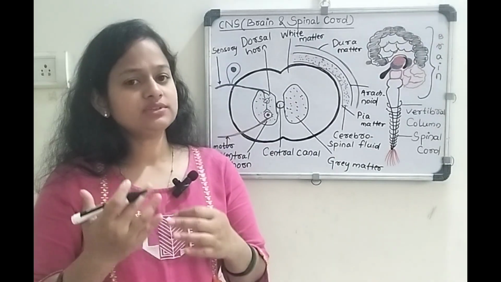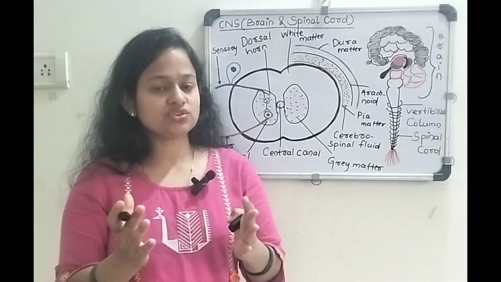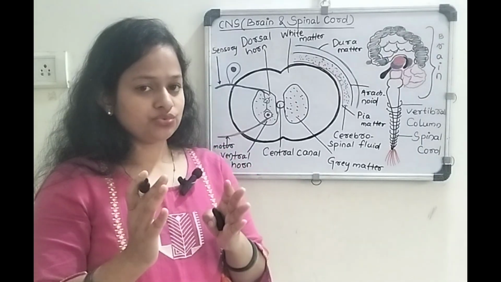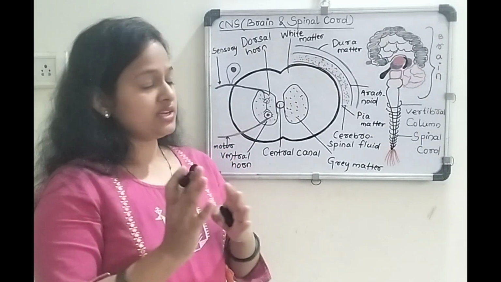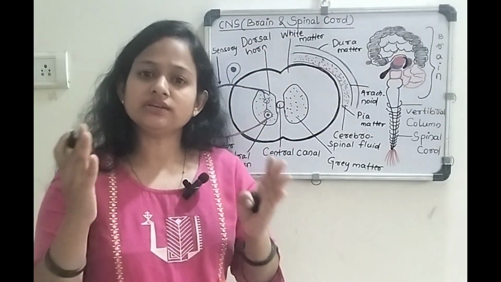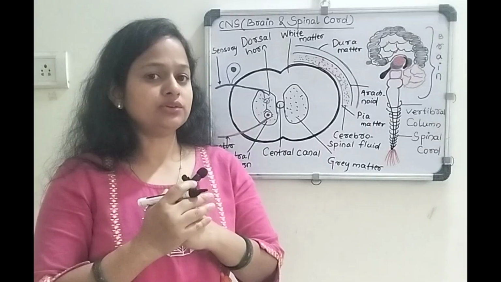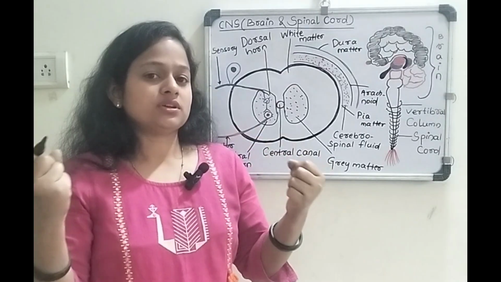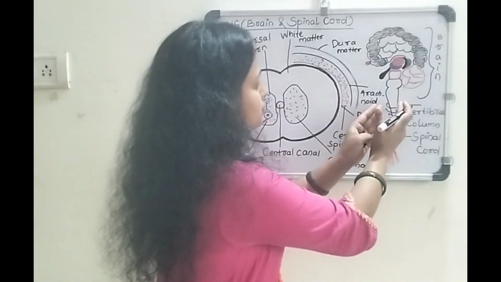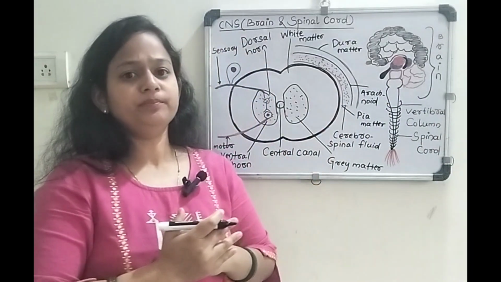As we know, the nervous system comprises the central nervous system and the peripheral nervous system. The central nervous system is composed of the brain and spinal cord, and the peripheral nervous system is composed of the nerves that originate from both sides of the vertebral column.